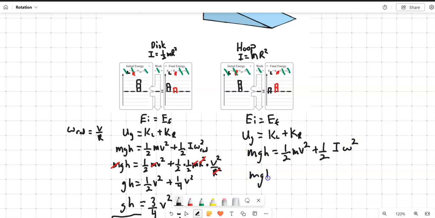So mgh equals 1/2 mv squared plus 1/2 I, which here is going to be mr squared. And just like over here, this omega, which is the radial form of omega, that omega squared is going to be v squared over r squared. And just like the other problems, the r squareds are going to cancel each other out, and the m's are going to cancel each other out.